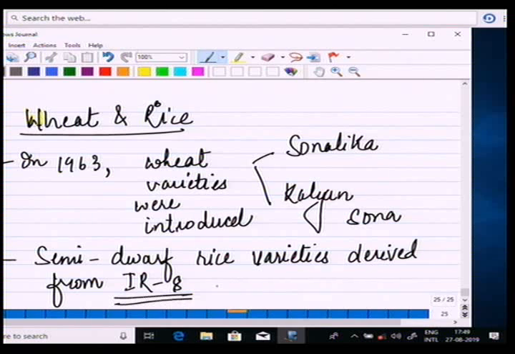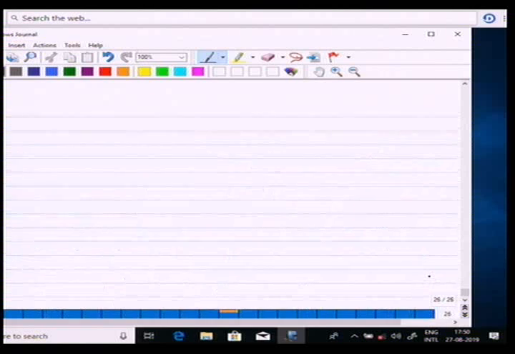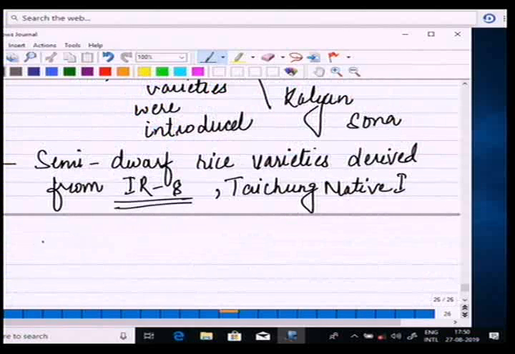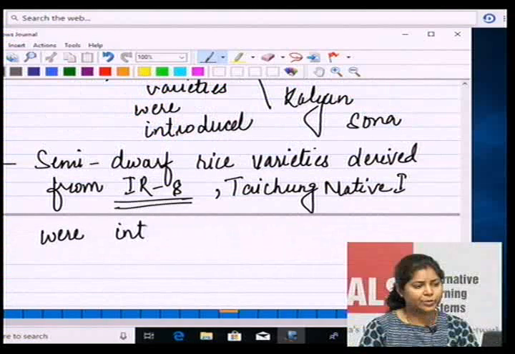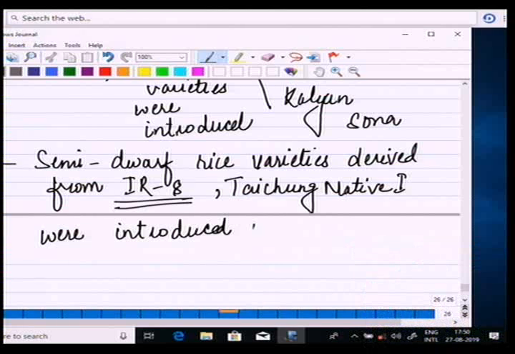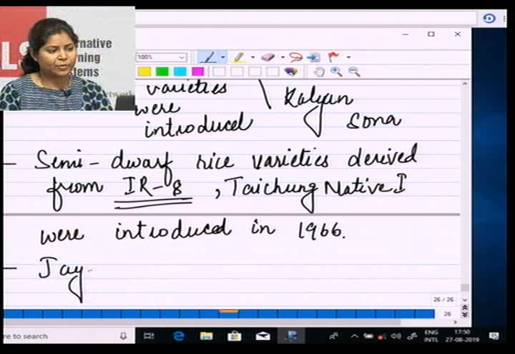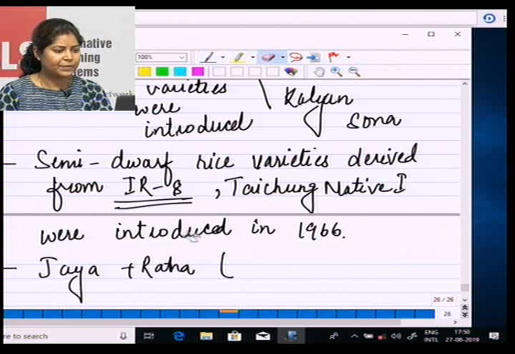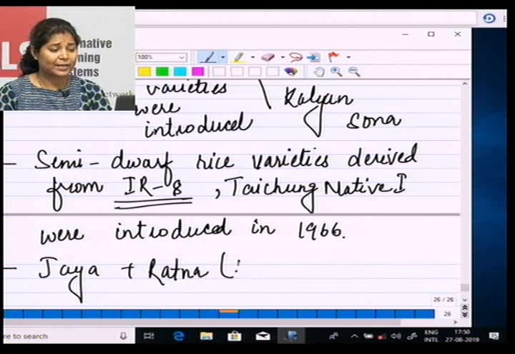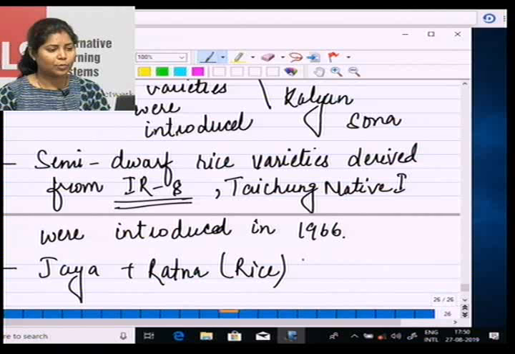So this IR8, and we have Taichung Native 1, were introduced in India in 1966. And apart from them, Jaya, Ratna, sorry, these are rice varieties also developed in India.